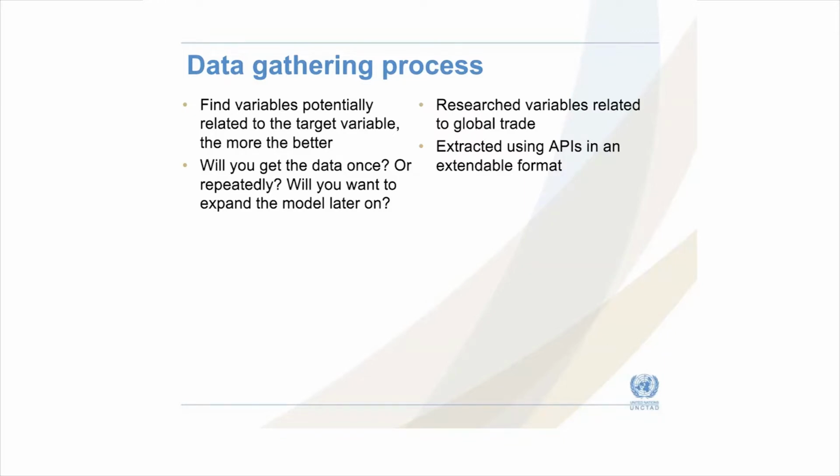But really, this step of gathering your data is an underrated one, and it really takes a lot of time. So for the nowcasting application, what that meant was, of course, first starting with researching variables which were related to global trade.